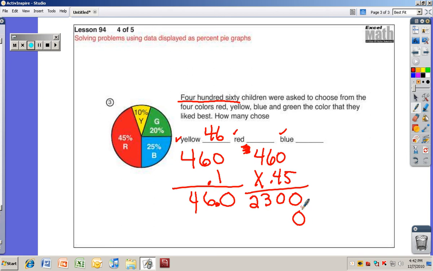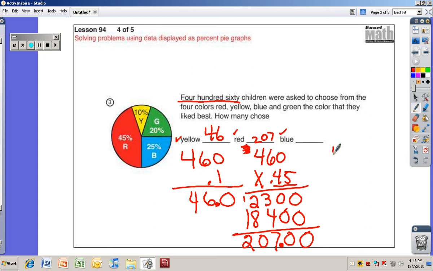Put a placeholder. 0 times 4 is 0. 6 times 4 is 24. Carry the 2. 4 times 4 is 16 plus 2 is 18. Then the decimal point has to go over 2 spots right there. So that means 207 kids chose red.